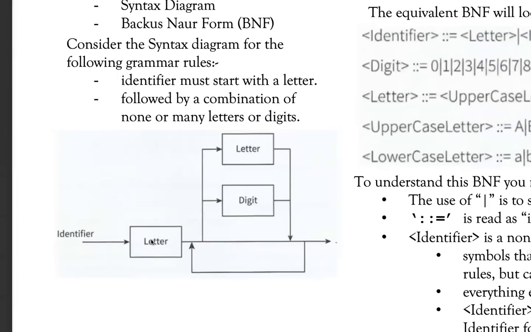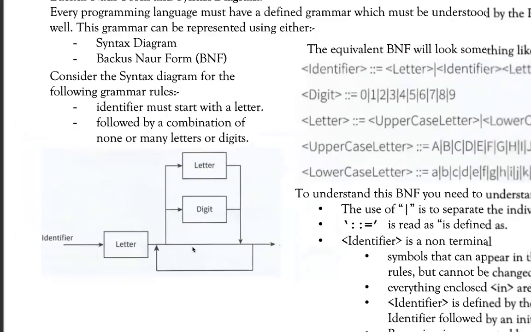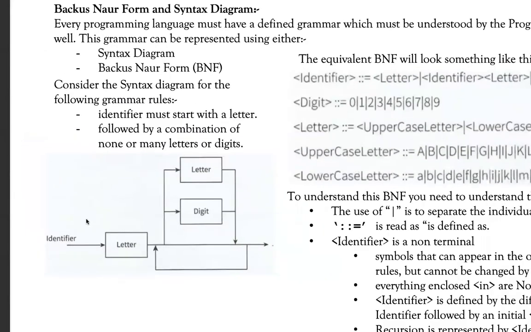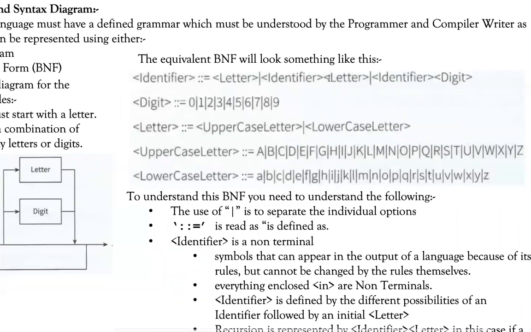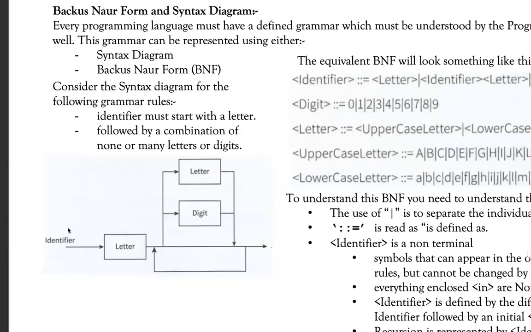Now, let's look at the exact same thing with respect to Backus-Naur form. This rule only represents the first part of my BNF statement. If you can see here, it says that identifier is defined by a letter followed by any combination of letters or digits, any combination, right?